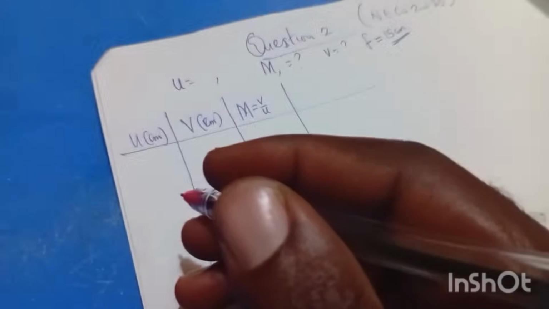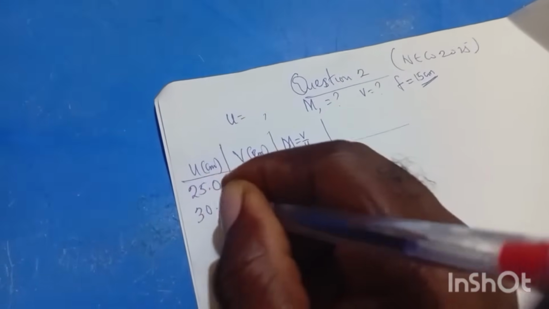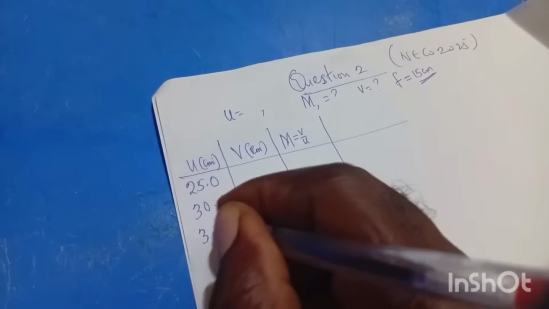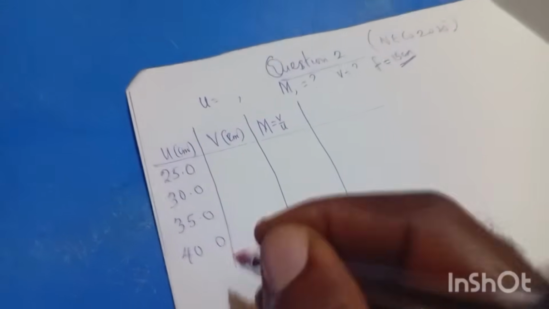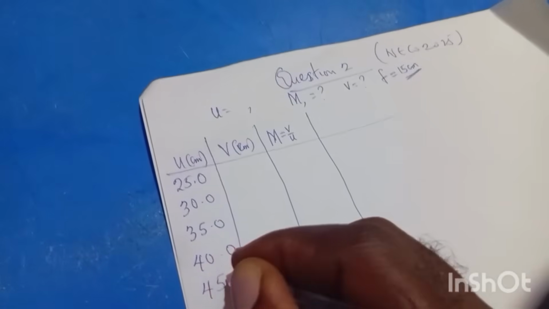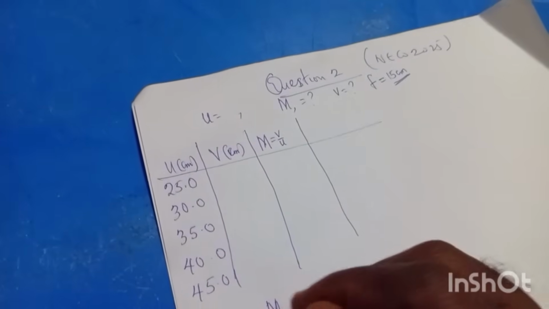In the question, we are given the following: 25.0, followed by 30.0, 35.0, 40.0, and the last one, 45.0 as my u. To get my v, I don't need to struggle, since my mirror formula is still alive.